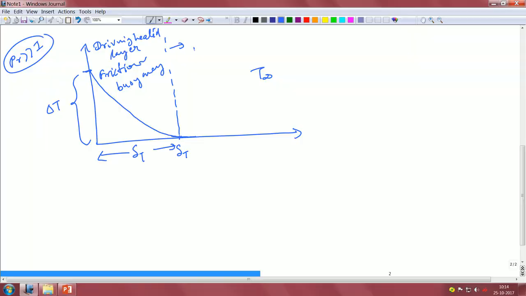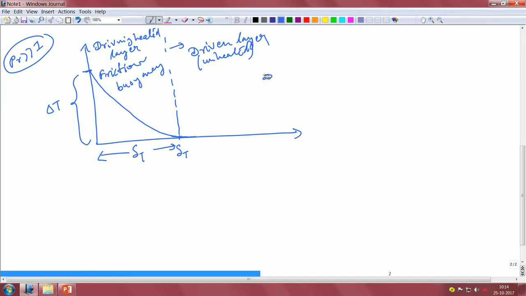So, in this particular region, say that this is a driven layer, almost like an added mass effect, that when you have something moving, it carries some of the added mass with it. This is a driven layer which is unheated, because there is no temperature gradient over there. So, what is actually driving that driven layer?